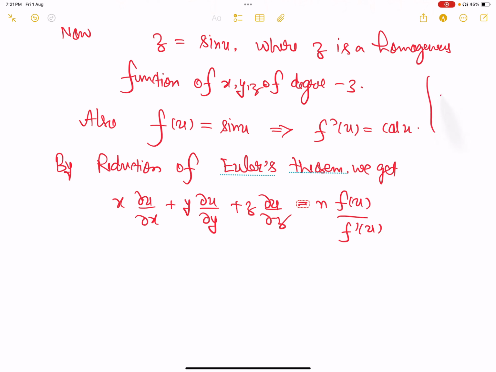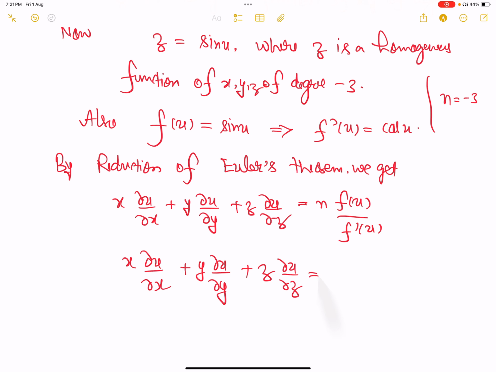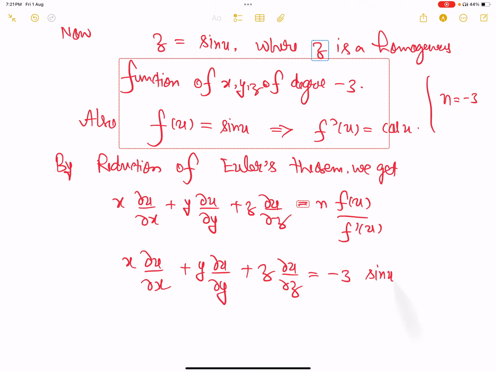Here n is minus 3. So x del u upon del x plus y del u upon del y plus z del u upon del z is minus 3 sine u upon cos u, and this will become tan u.